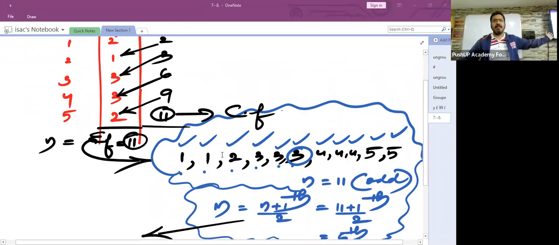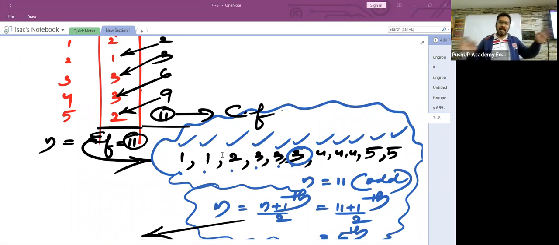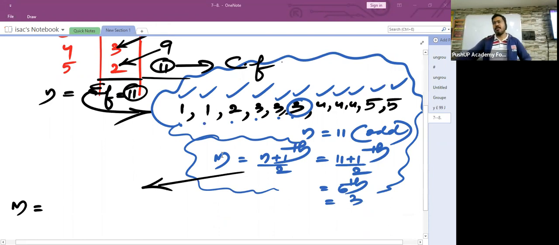Don't memorize things by heart and go for the exam. That is why I'm relating everything one after the other. When I was using the table, I called it sigma f. And when I converted that table into arrayed data, I called it N. But the meaning remains the same. Sigma f is equal to 11, N is equal to 11.